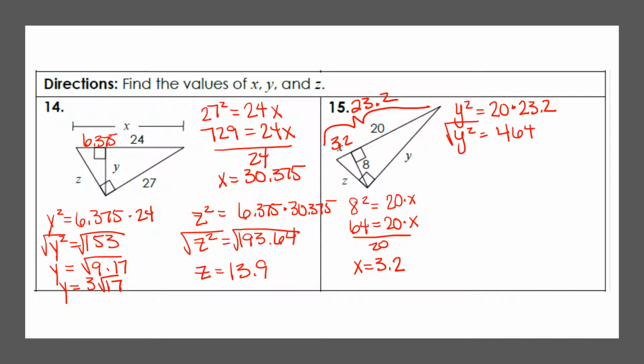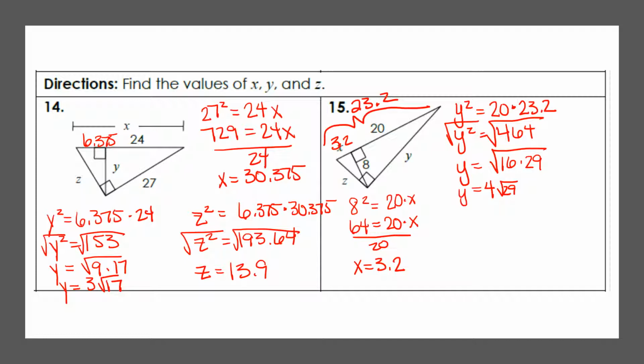If I take the square root of both sides, I'm going to look for the biggest perfect square that can come out of 464. So I start out, I try dividing it by 4. That's 4 times 116. I try dividing it by 9, it doesn't work. Try dividing it by 16, that's 29, and 29 is a prime number, so that's as far as I can go. So I've got 16 times 29, which makes y be 4 radical 29.